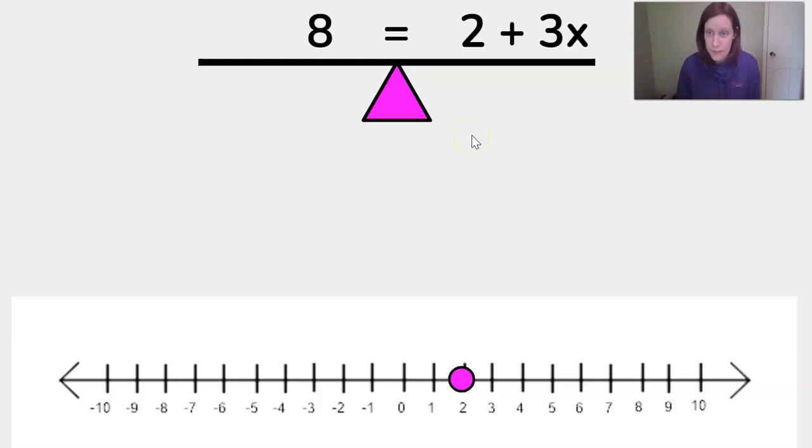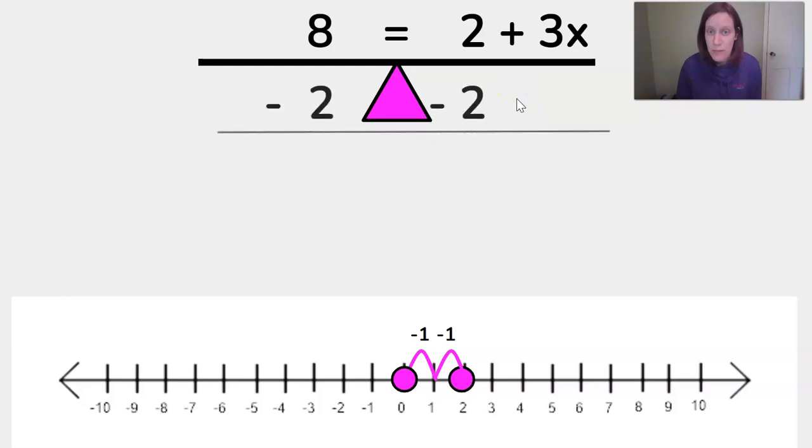In order to do that, I would be jumping left, backwards, which means I would be subtracting 2. I'm making 2 jumps to get that to 0. So I'm subtracting to get that 2 back to 0. We learned last week that anything we do on one side of the equation, we must do on the other. So we're going to subtract 2 from both sides of the equation.